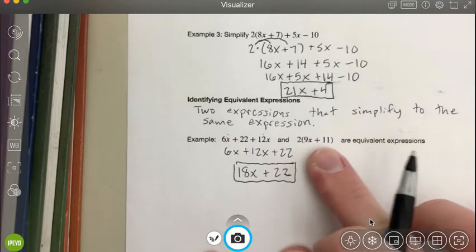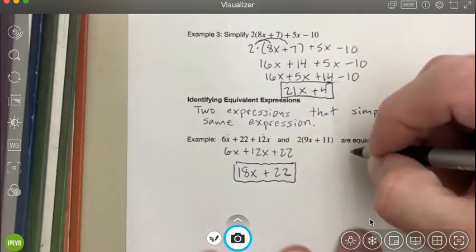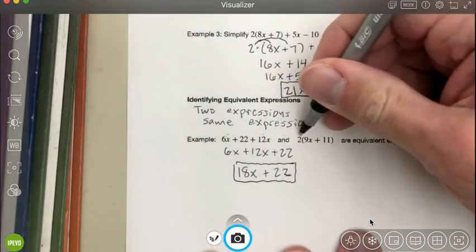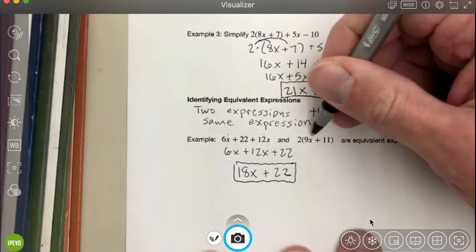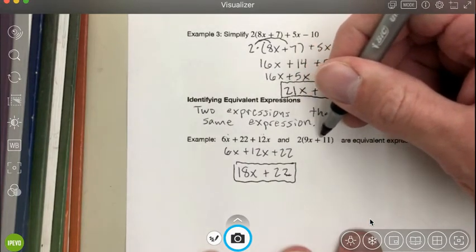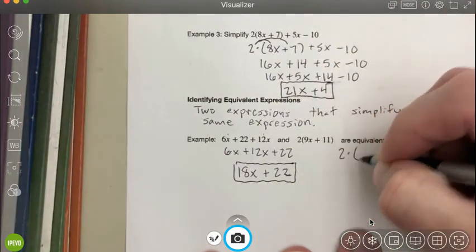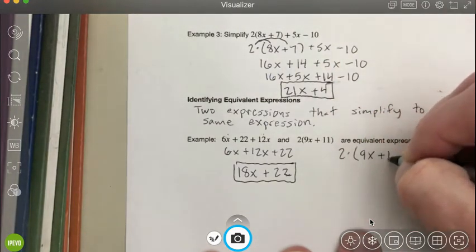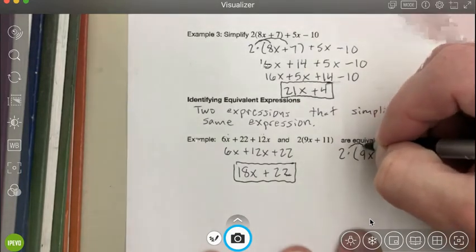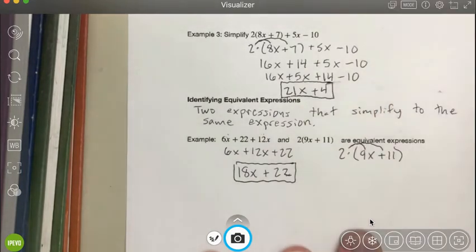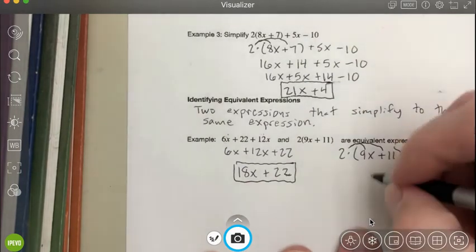Here's my second expression. So I know that this 2 outside tells me to multiply, and inside my parentheses are two unlike terms, so I can't combine them. So I'm just reminding myself that that actually means to multiply. So 2 times 9x and 2 times plus 11.